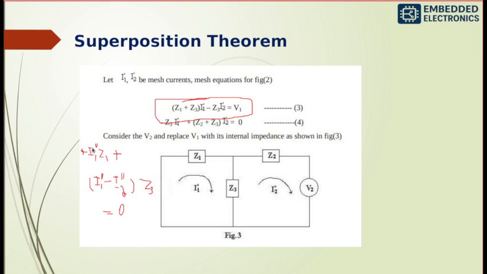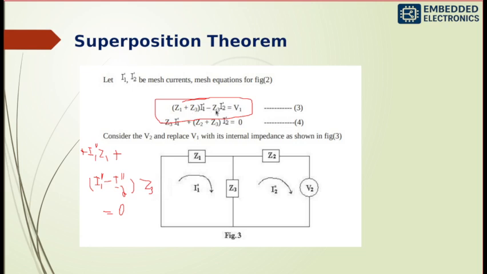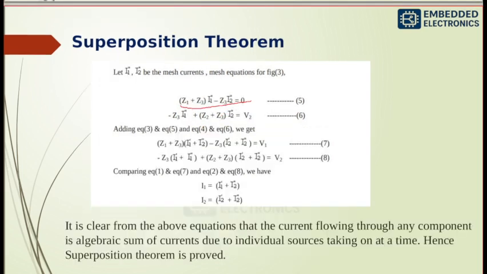See here, equation 3 has Z1 plus Z3 of I1 dash, and here also Z1 plus Z3 of I1 dash. Both are the same, right? Then here minus Z3 I2 dash, minus Z3 I2 double dash, equals V1, V1 written as it is.